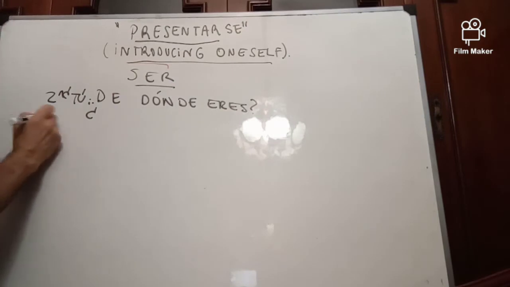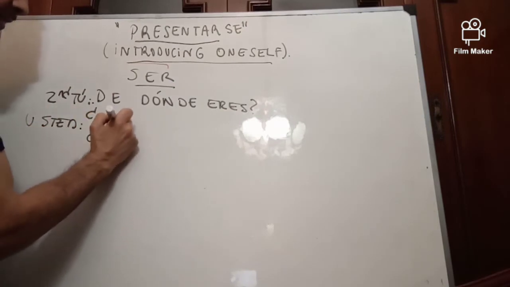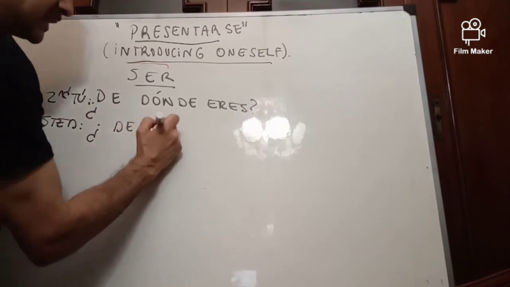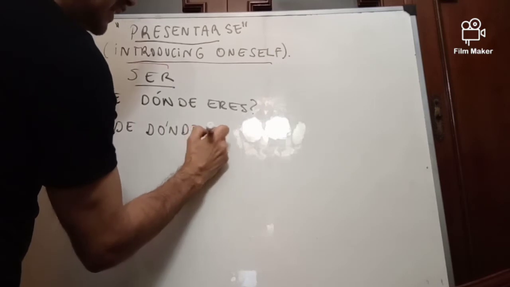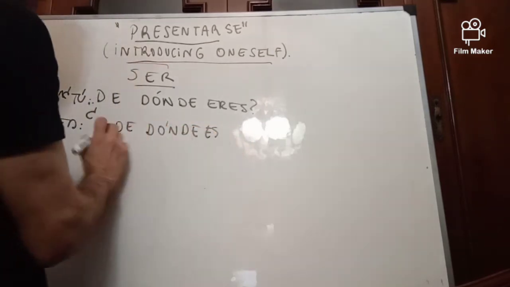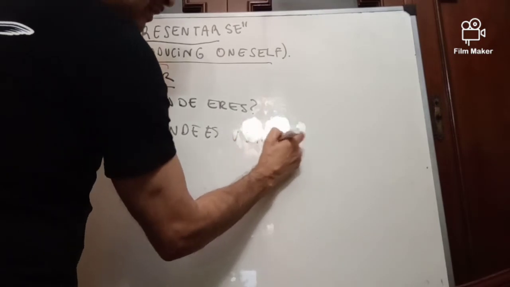If it's a formal dialogue, we are going to ask, as we've just seen in this short dialogue, ¿de dónde es? And we can say it like this, or we can add the noun there: ¿de dónde es usted?